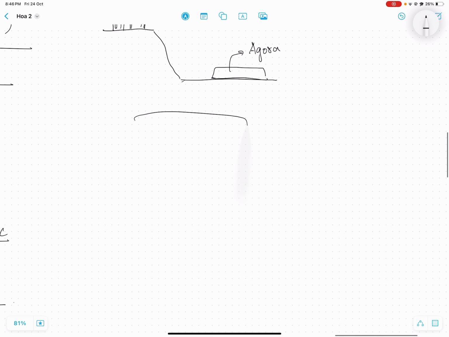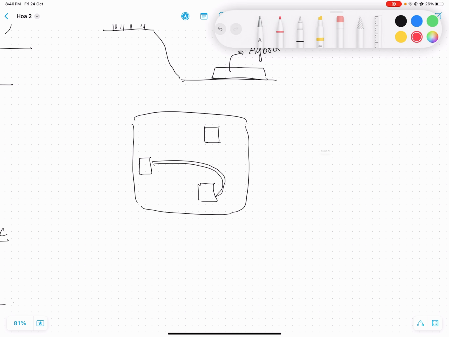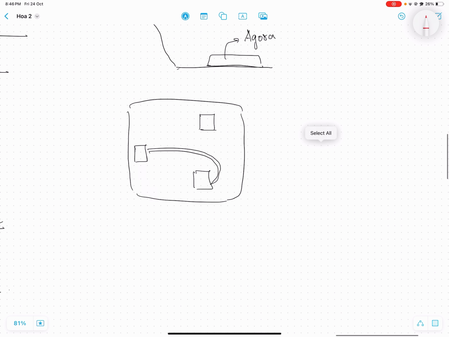Now if you look at the rough plan, there were other structures in the plan of the Acropolis. I'm just drawing what is important. This is our propylon, which is the entrance.